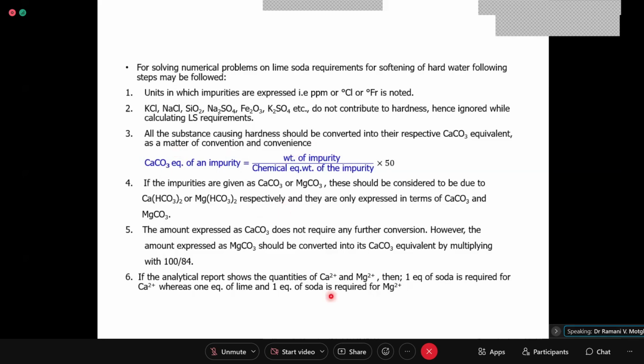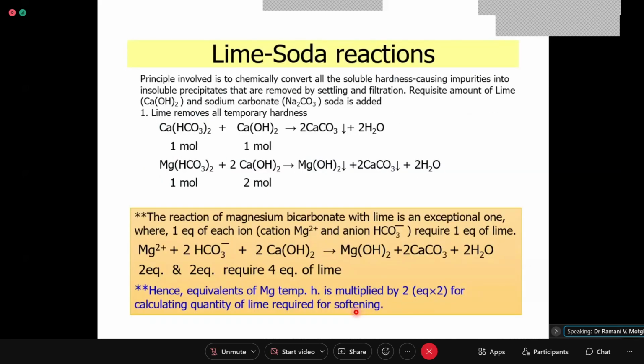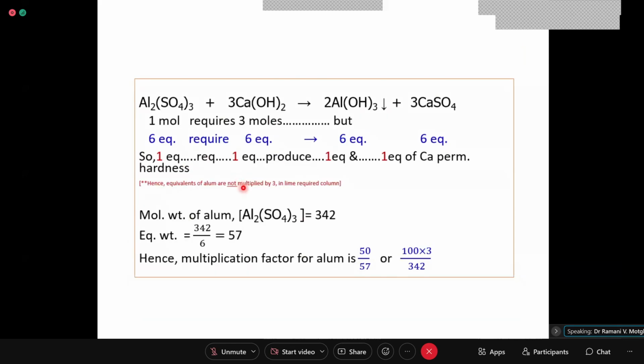Then we see that this one is into 2, so every time you have to multiply the CaCO3 equivalents of magnesium bicarbonate by 2.